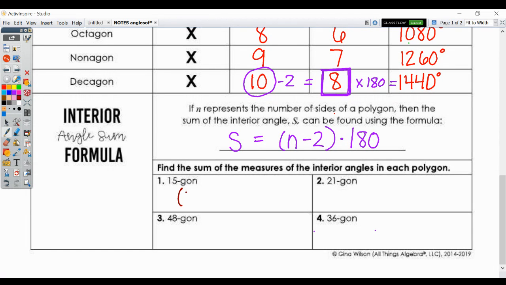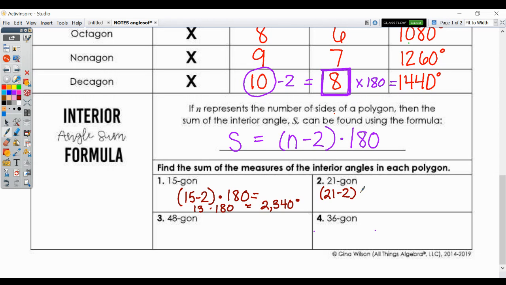So I would take 15 and I would subtract 2 and I would multiply that number times 180. 15 minus 2 is 13. 13 times 180 is going to be 2,340 degrees.